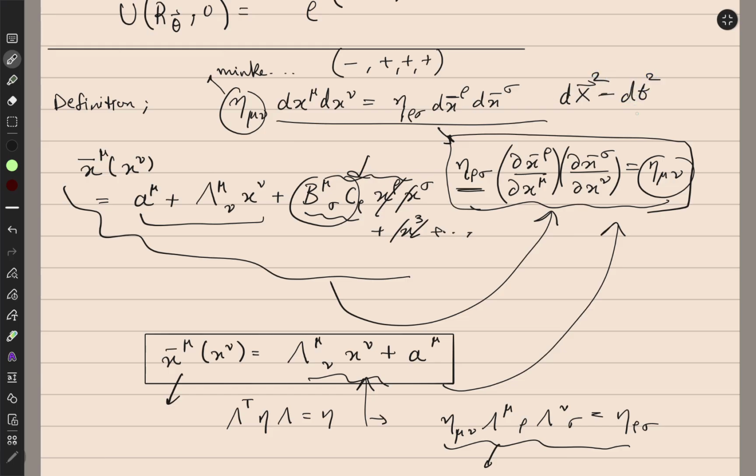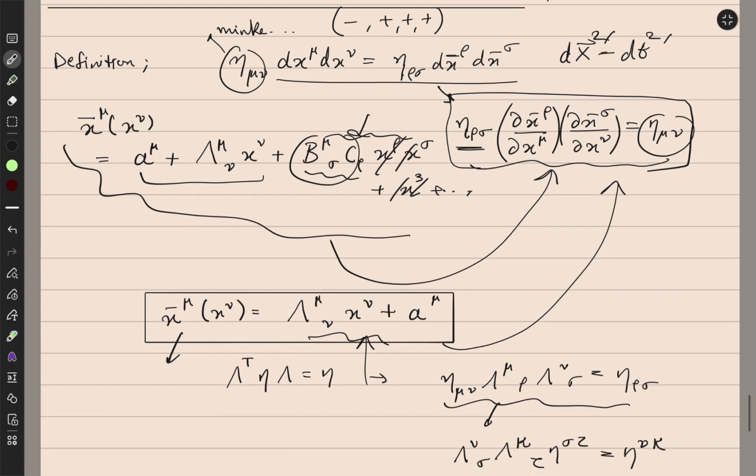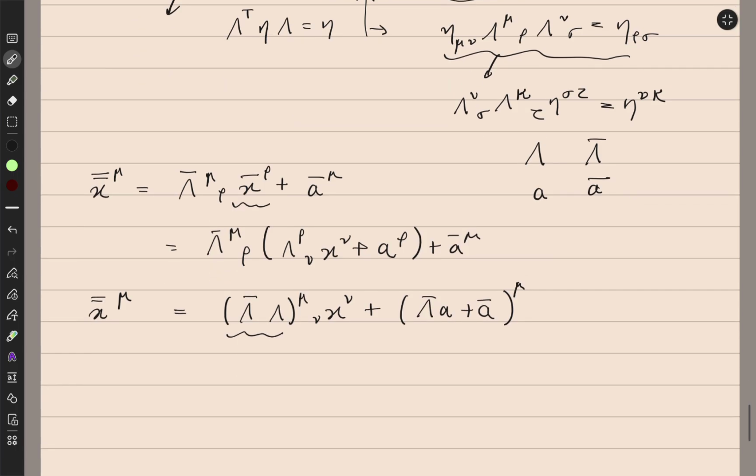This is invariant. Also for a particle that's moving with the speed 1 or c, I have set c to be 1, this is just 0. So therefore in all frames this will be 0, and therefore in all frames dx by dt would be 1.